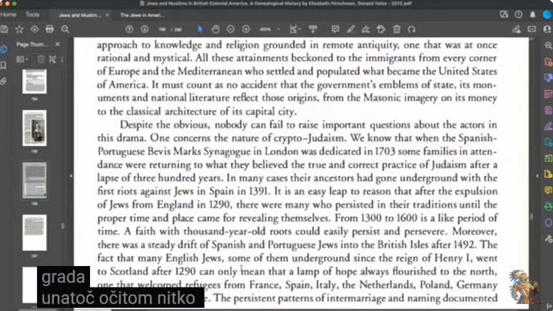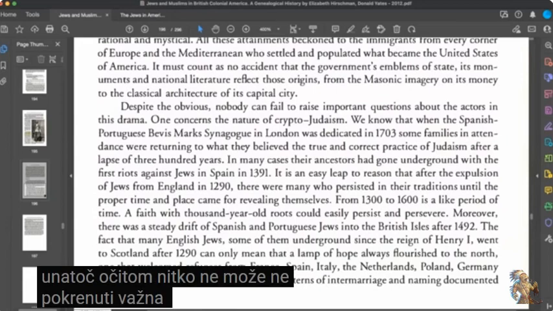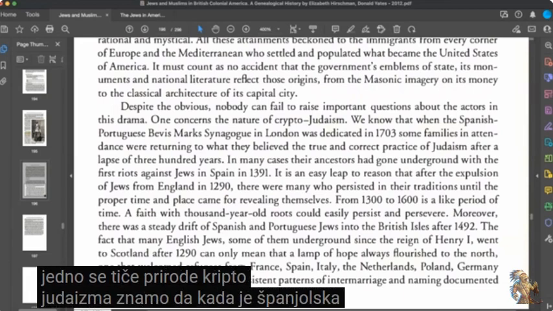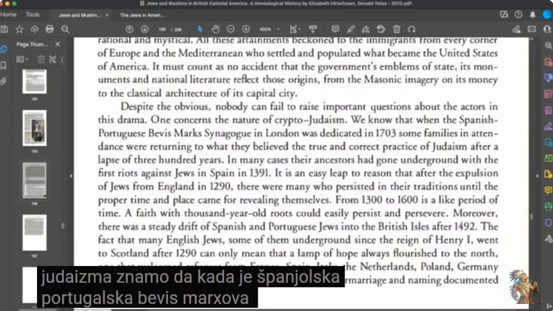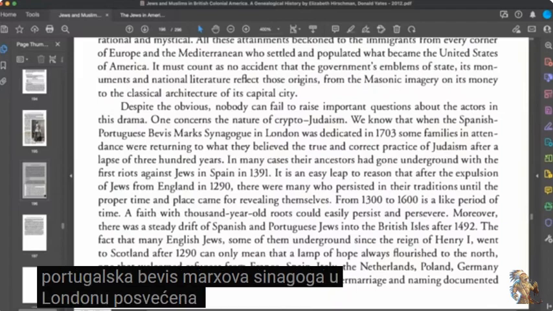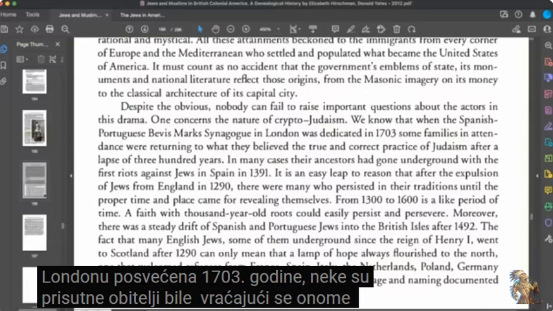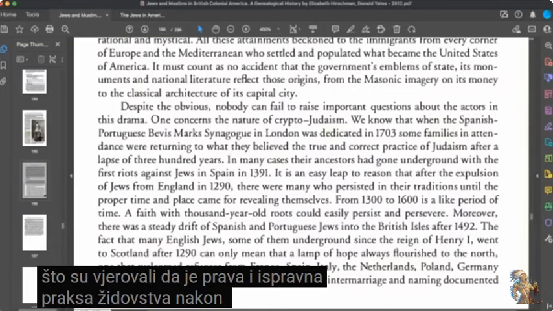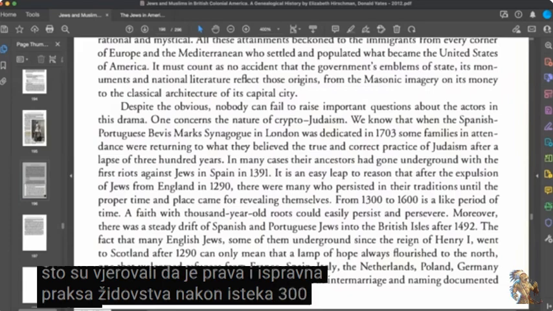Despite the obvious, nobody can fail to raise important questions about the actors in this drama. One concerns the nature of crypto-Judaism. We know that when the Spanish-Portuguese Bevis Marks Synagogue in London was dedicated in 1703, some families in attendance were returning to what they believed the true and correct practice of Judaism after a lapse of 300 years.